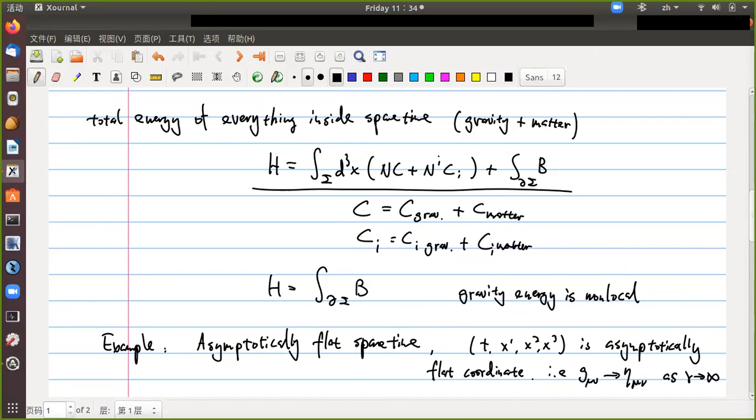Of course, on Minkowski spacetime, in ordinary field theory, you talk about the matter densities and energy densities of all kinds of matter fields, but you can talk about it because you don't couple it with gravity.